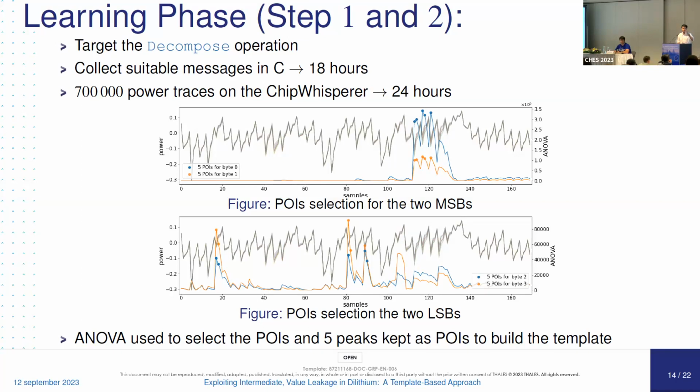As you said, this is one of the reasons that we only focus on the 0 value. Because if we focused on other values, we could potentially add too many false positives, and so too much noise to the equations, and this would impact the success rate. But we also chose to only focus on the zero value because when you look at the implementations of the decompose function, essentially it's a modular division.